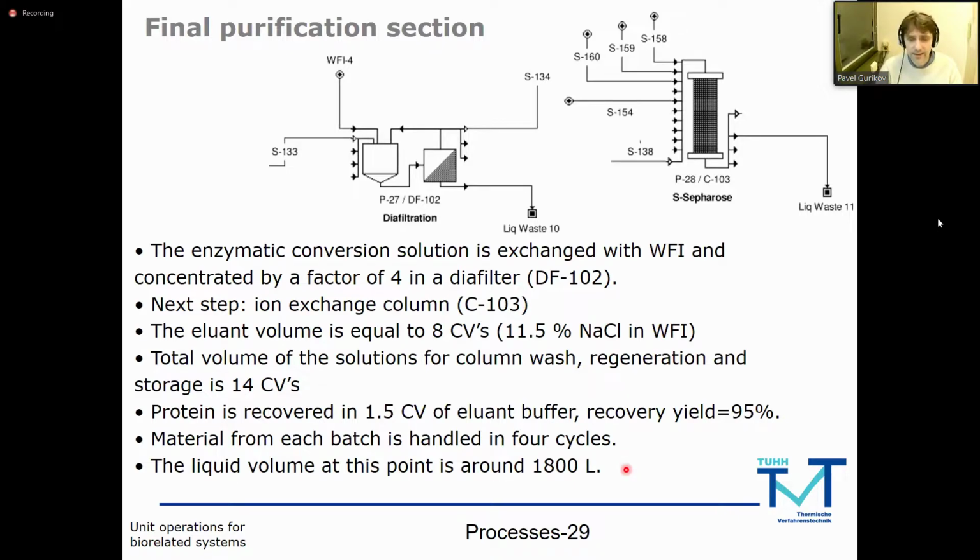You remember we had hundreds of liters at some chemical steps in the reaction section. Now we are almost at 2,000 liters. It's quite some amount, and that suggests that at some point we have to reduce it, because all fine downstream purification processes like chromatography have a very low throughput compared to the chemical reaction.